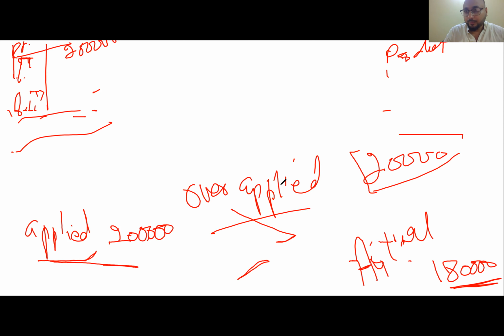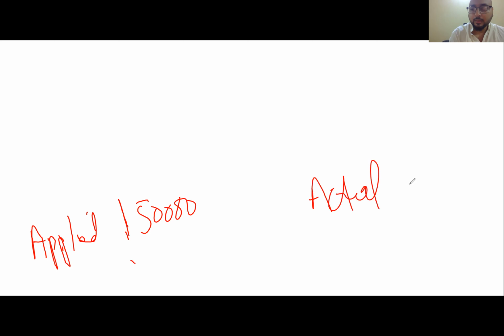Now, the opposite one, which is the applied, is 150,000 and the actual is 200,000. In that case, our predictions are not according to reality or actual expenses. Now what happened? Actual expenses are greater than our forecast.